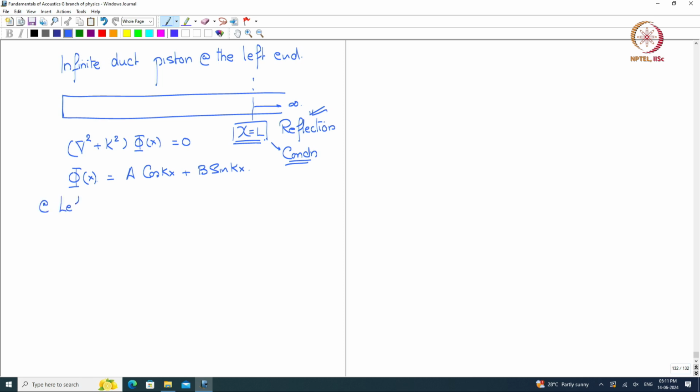At the left end will be a source, there is a piston source. Now at a certain L, I will apply this condition, which is d phi by dx plus ik phi of x equal to 0. I will apply it at a certain length, distance.